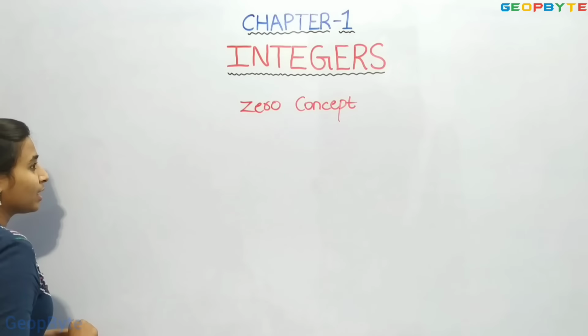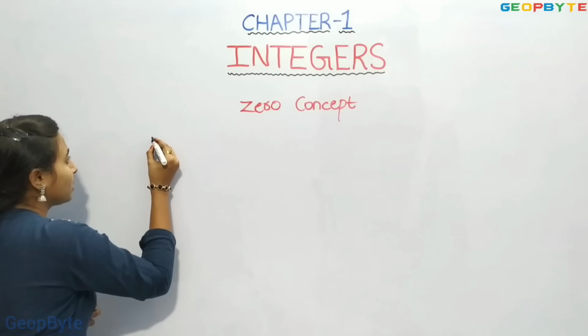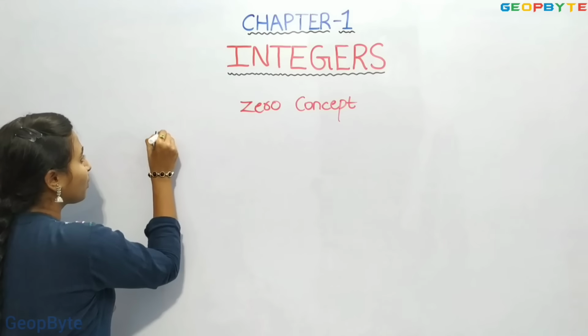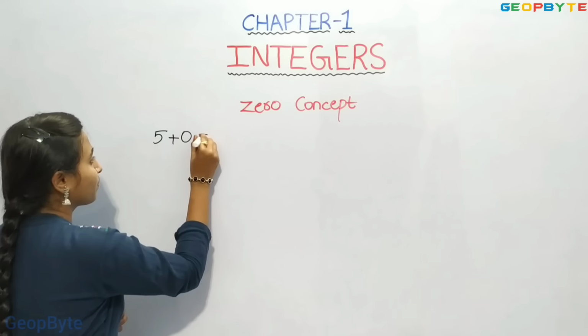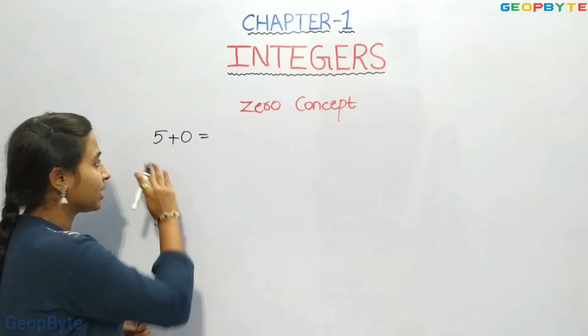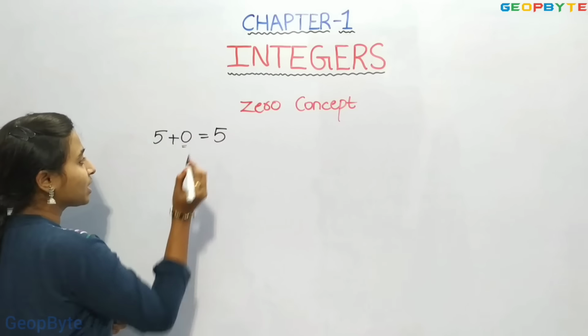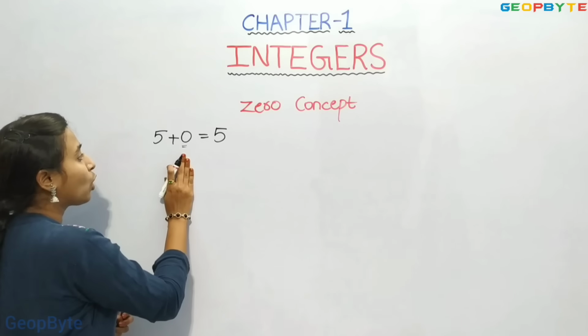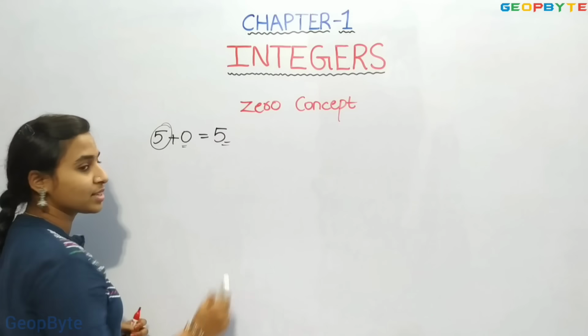Now see, coming to the additive properties, let us take in the form of 5 plus 0. What is the answer? It is nothing but 5. That is 0 plus nothing. Only whatever is left instead of 0 is to be written in the answer.